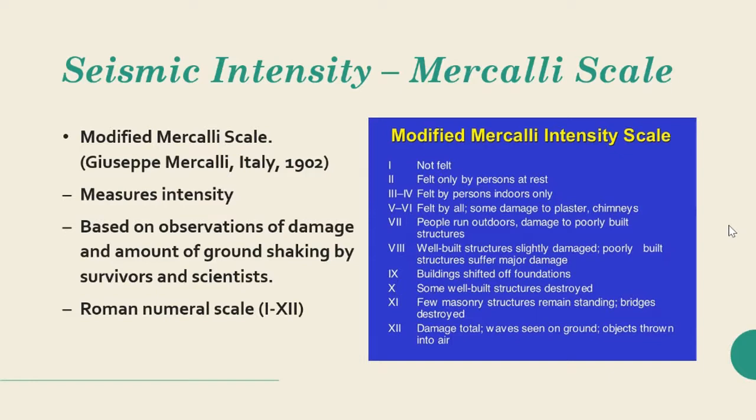The good thing about the Mercalli scale is that when you pair the Mercalli scale with the Richter scale, not the Richter scale in general, but just a magnitude scale in general, you can estimate the magnitude of past earthquakes back before we had any seismic data.